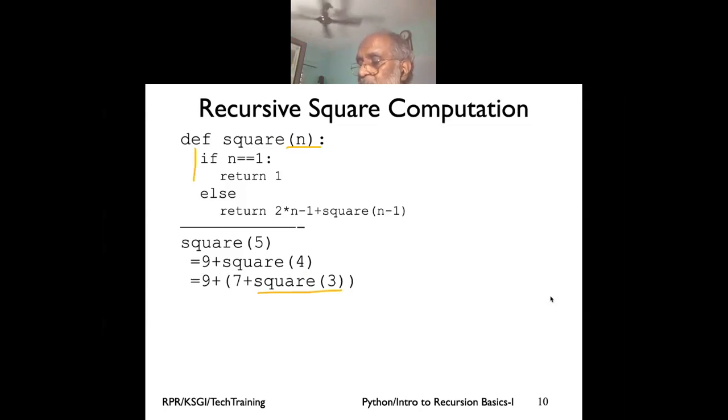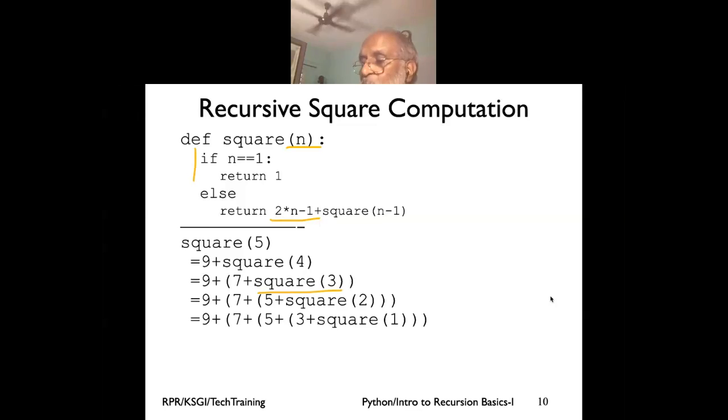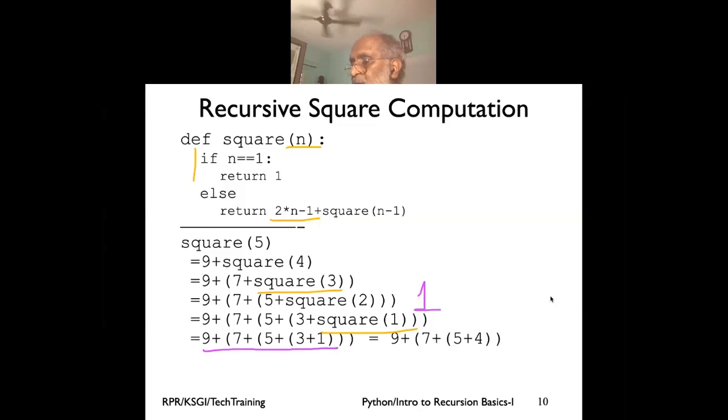This will fail. So this becomes 2 star 3 minus 1, which is 5, plus square of 2. And then it is 3 plus the square of 1. Now n is equal to 1. So square 1 gives me 1. So my answer becomes 9 plus 7 plus 5 plus 3 plus 1. Keep adding it, and you finally get the answer as 25.